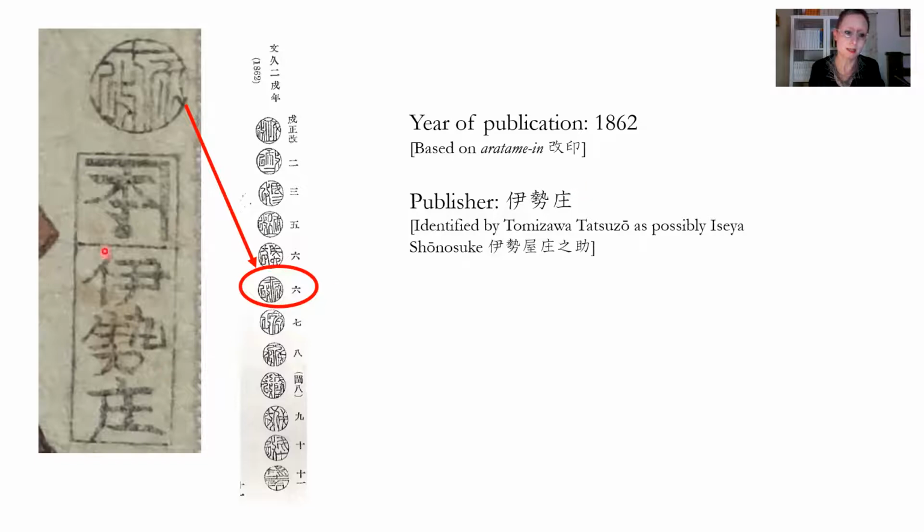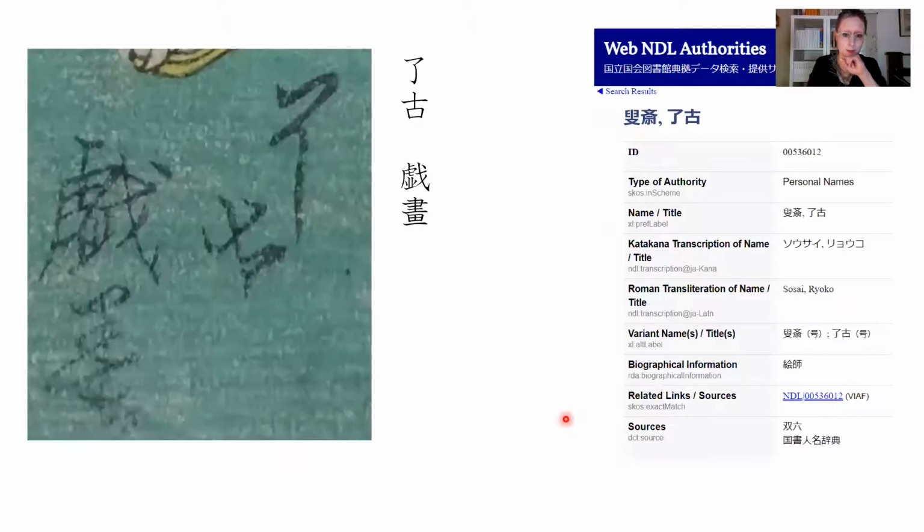The publisher is inscribed in the cartouche. The cartouche just gives the characters for Ise and Sho, and Tomizawa Tatsuzo, who has worked on hashika-e, indicates that possibly this is Iseya Shonosuke. So we're dealing with an 1862 text, so quite late in the early modern times, and published in Edo by this publisher.